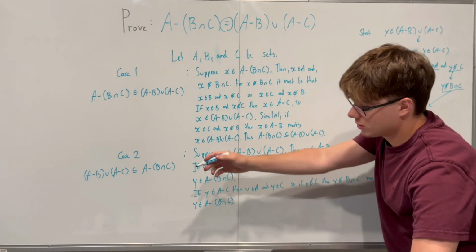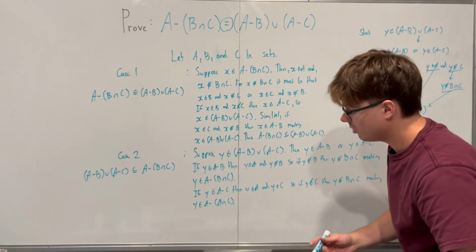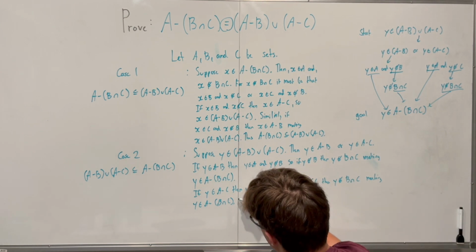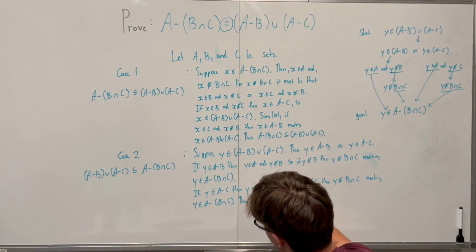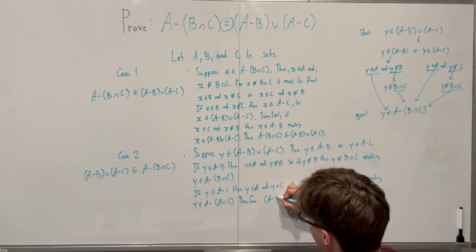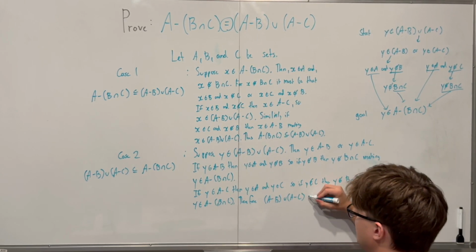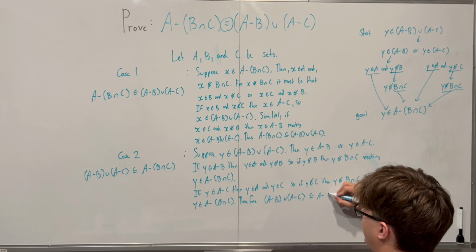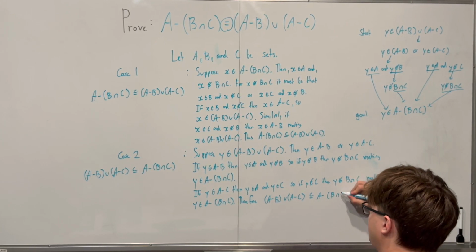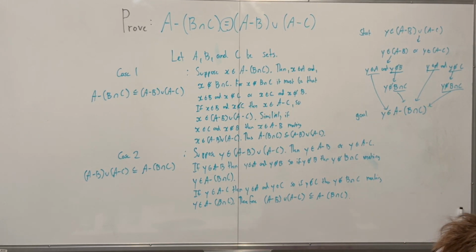And now we just have to conclude what our second case was trying to show. So we can say, therefore, A minus B unioned with A minus C is a subset of A minus all open bracket B intersect with C close bracket. So there we go.